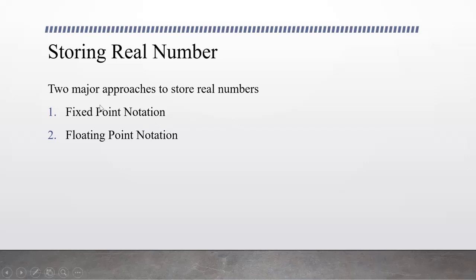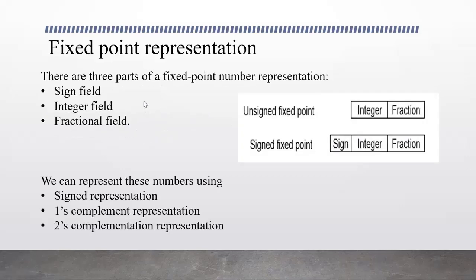So the two approaches used are fixed point notation and floating point notation. The number may be a signed number or an unsigned number. The three parts of fixed point number representation are the sign field, integer field, and the fractional field. So here, the unsigned number has integer part and fraction part, whereas the signed fixed point number will have an additional field to store the sign bit.